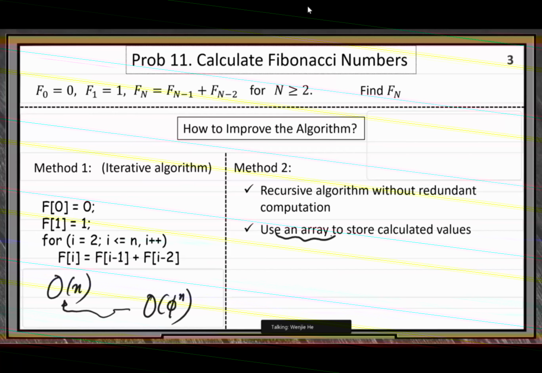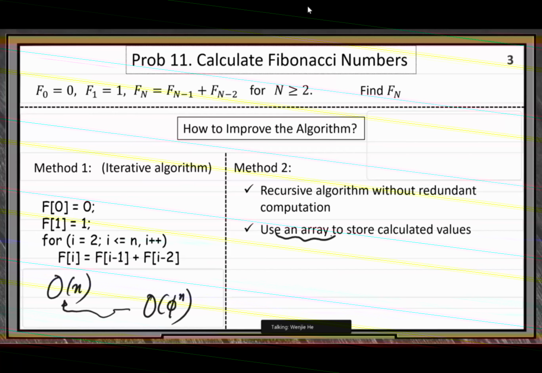The second time you need the same Fibonacci number, you stop the calculation and do something different. If you can develop some mechanism to make that happen, that's a huge improvement.